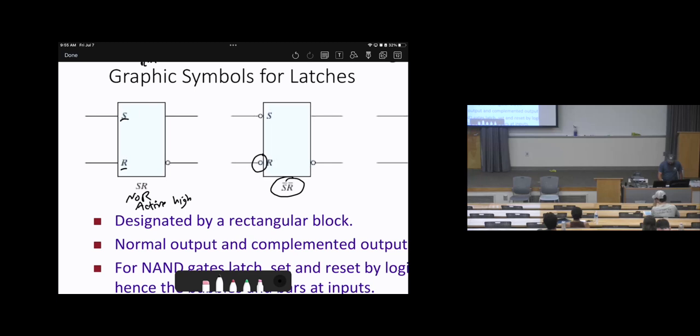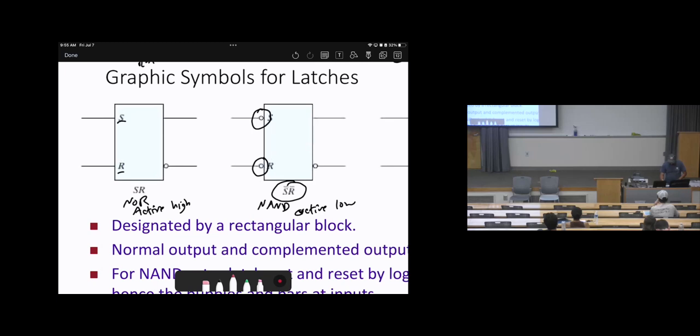There is a bubble at the inputs. This means it is based on NAND gates, so this is active low. So by looking at the symbol, you need to realize whether it is active high or active low. If there are any bubbles at the inputs, this means it is active low. Otherwise, the default is active high, which is based on NOR gates.